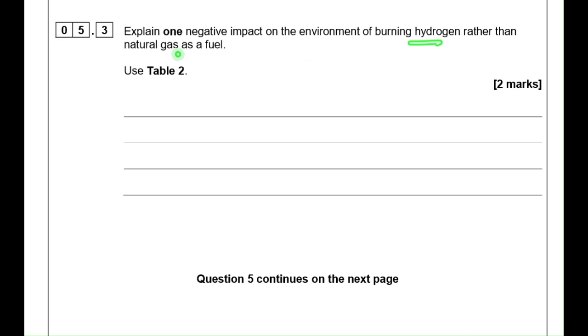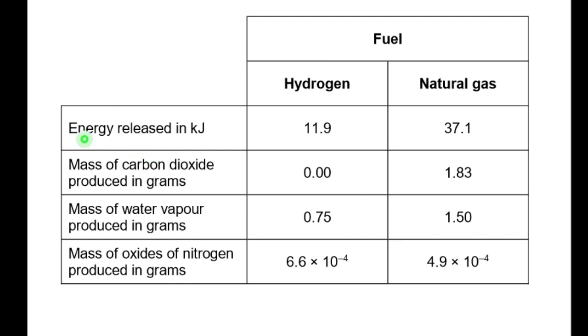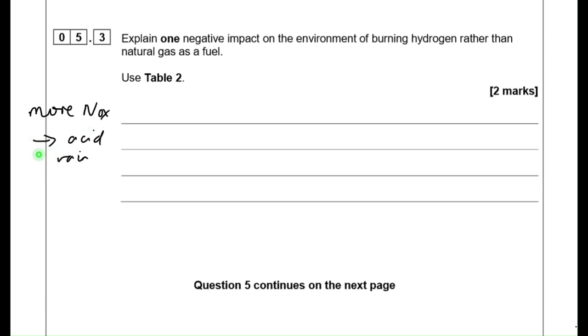5.3. Explain 1 negative impact on the environment of burning hydrogen rather than natural gas as a fuel. Use Table 2. This is for 2 marks. So let's go back to Table 2 and look at the effects of burning hydrogen. You can see here on the bottom row, when we burn hydrogen, we're getting a greater mass of NOxes, nitrogen oxides. So we can put that into our answer. You will recall that more nitrogen oxide in the atmosphere can contribute towards acid rain, which is a negative effect.